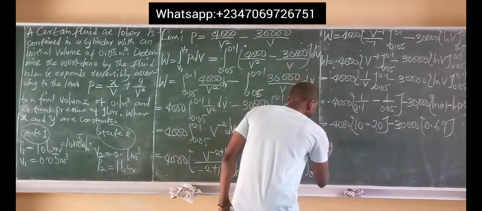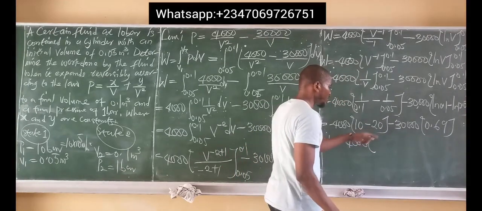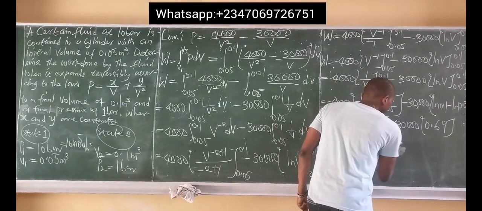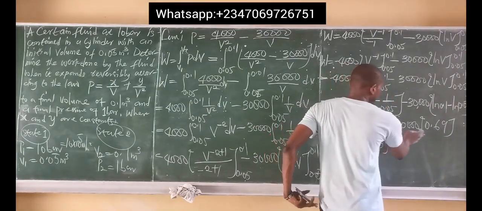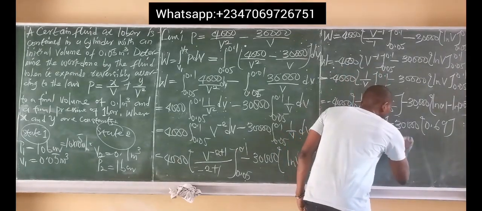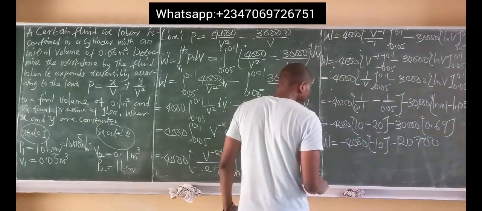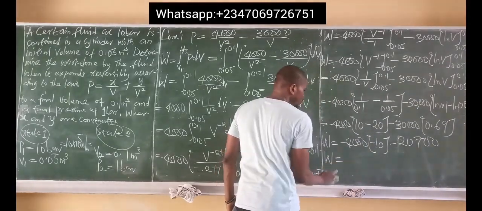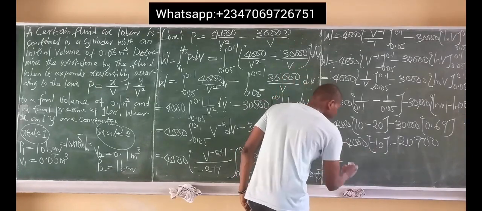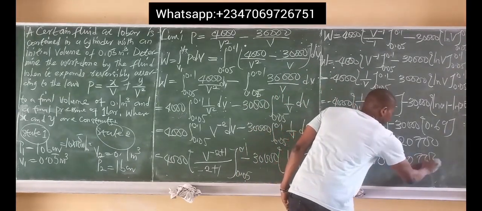Okay, so from here, work done is equal to minus 4,000 into 10 minus 20, which gives us minus 10, minus 30,000. Okay, let's multiply this at once. 30,000 multiplied by 0.69 gives us 20,700. So from here now we have that work done is equal to minus 4,000 multiplied by minus 10, minus times minus is plus, 4,000 times 10 gives us 40,000, minus 20,700.